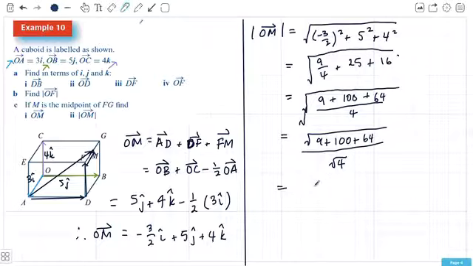Now the square root of 4 is 2, so there's a half outside of the square root of this altogether, and this is going to be 173, so it will be square root of 173. Leave it in exact form. So don't take it to a decimal because you're not asked to do that in the question, so leave it exactly in surds. So the length of OM is a half of the square root of 173.